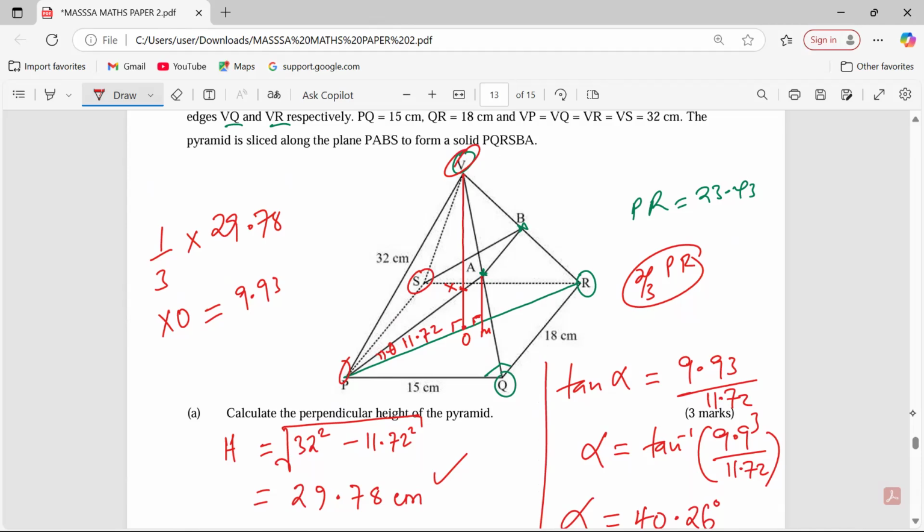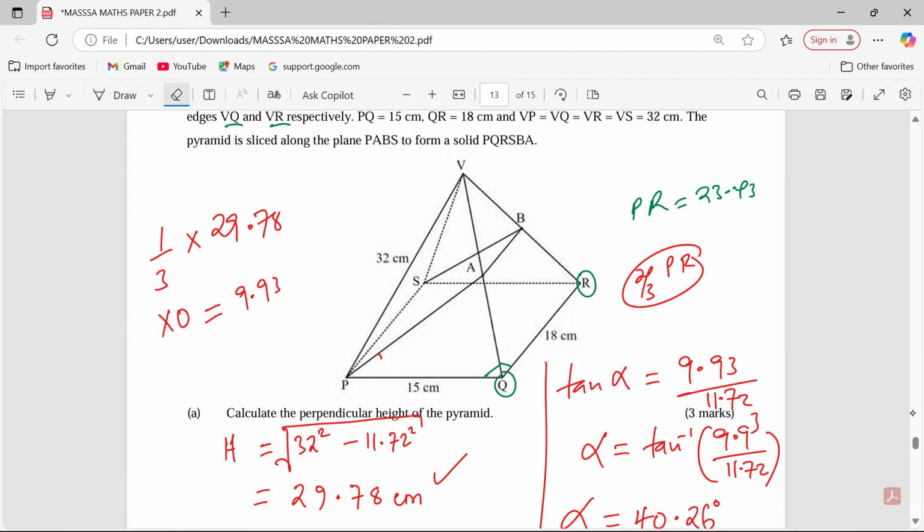So we can get first the angle between VSP and the base. Let me show you on the diagram.